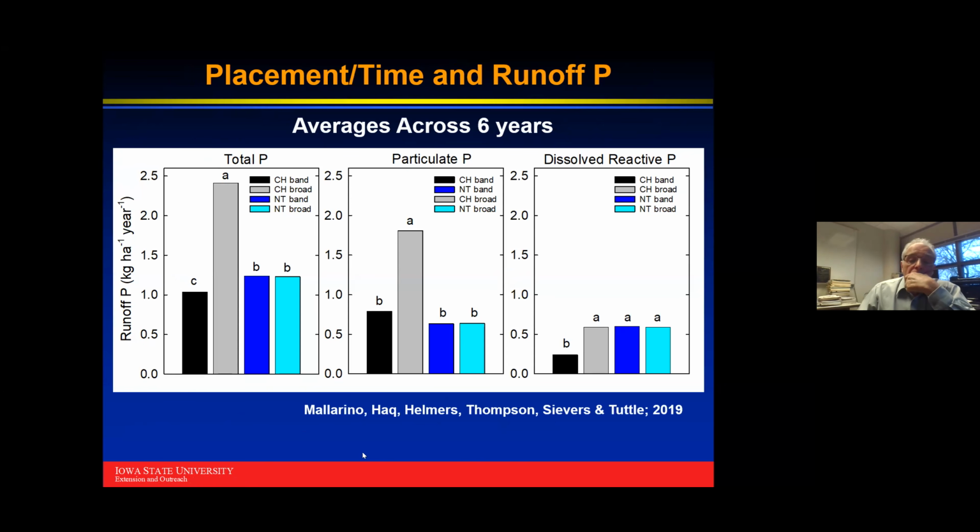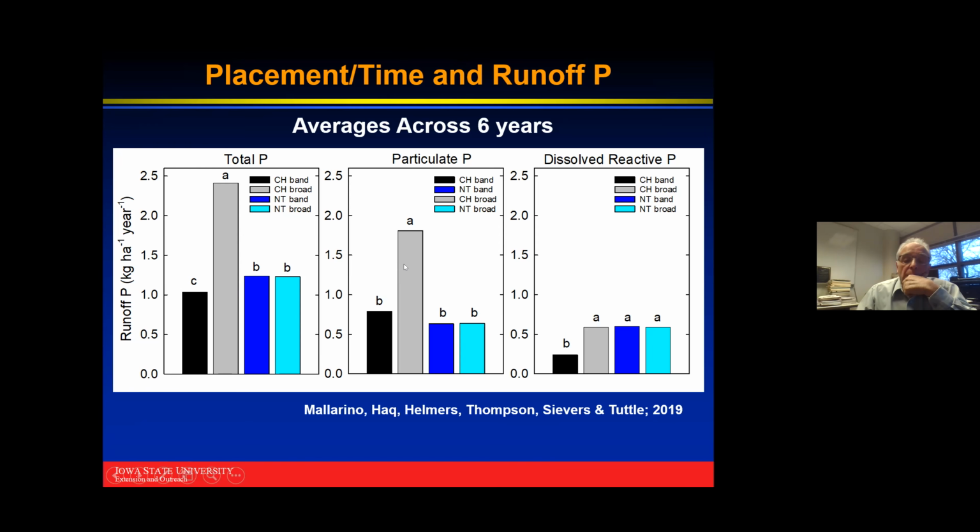We wrote a report, an extension publication in 2019. For total P, we see that the only difference is this gray bar, which is the chisel broadcast. Remember, broadcast in the fall had the highest loss.